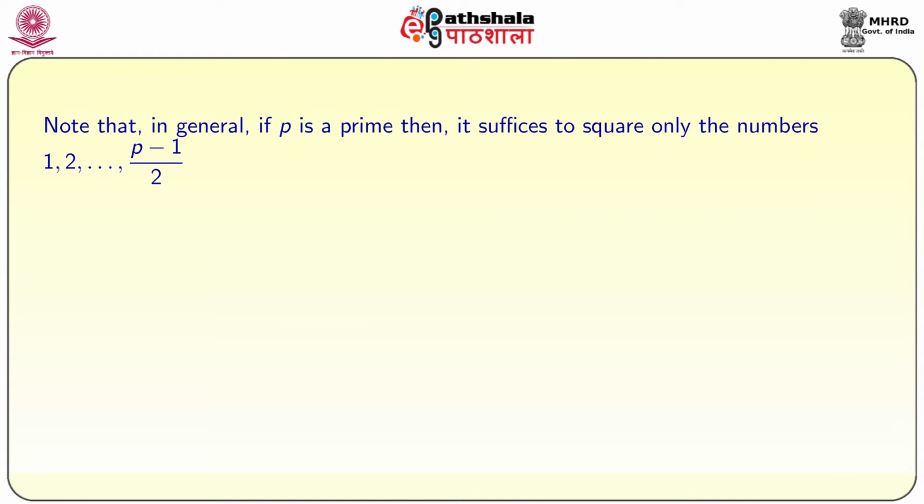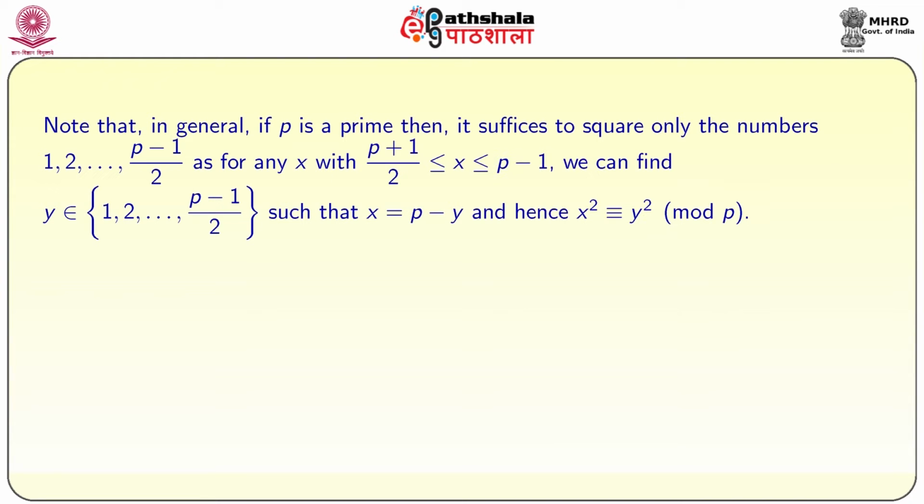Note that in general, if p is a prime, then it suffices to square only the numbers 1, 2 up to p minus 1 by 2. As any x with p plus 1 by 2 less than or equal to x less than or equal to p minus 1, we can find y belongs to 1, 2, 3 up to p minus 1 by 2 such that x equal to p minus y, hence x square is congruent to y square modulo p.